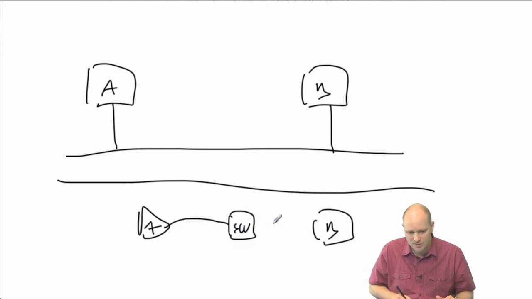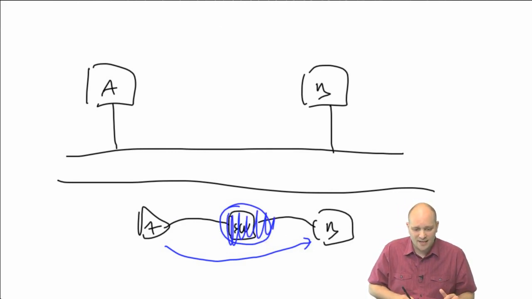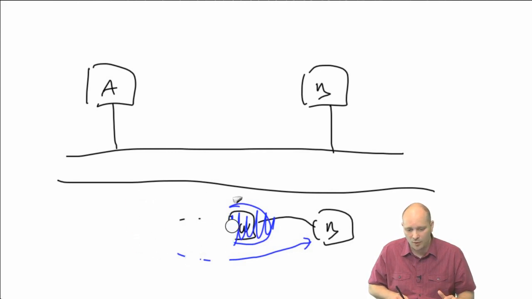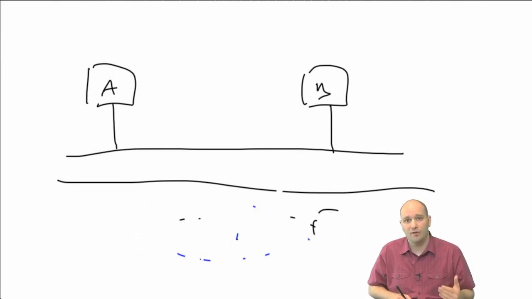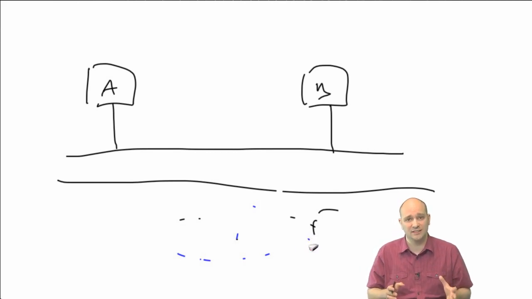When these stations A and B attempt to communicate, they don't really see this switch. It's as if this switch doesn't exist. Really, what these guys see is the equivalent of the bus network that we had, the equivalent of the thick yellow cable that Ethernet was designed to be.